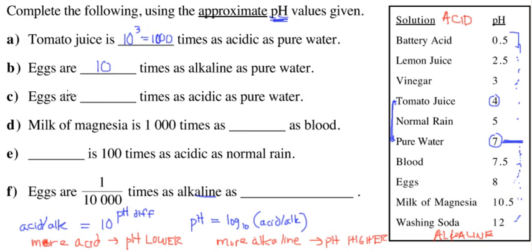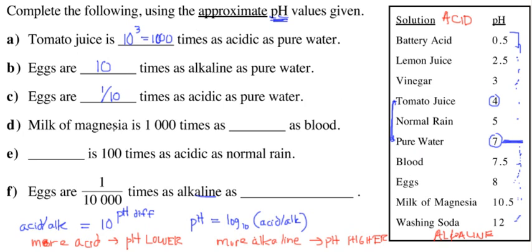If we're doing eggs, eggs are actually less acidic than pure water by a factor of 10. So if they're phrasing it that way, and this is kind of a weird way to say it, we'd say eggs are 1/10 as acidic as water is. Right? Water is more acid, so here we're going less acid, less acid, less acid all the way down. So a difference of 1 here means eggs are only 1/10 as acid, or 10 times as alkaline as water is.